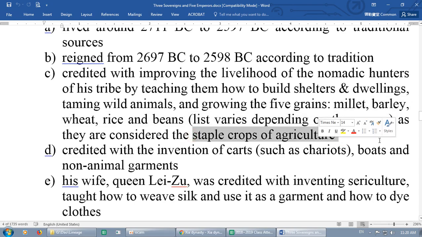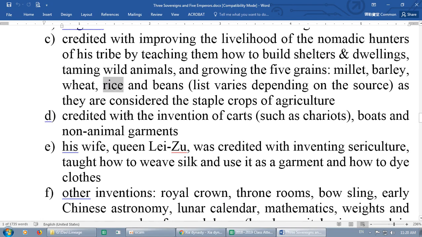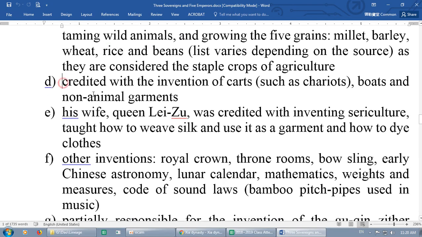So with Huang Di, even though farming tools and techniques were started by Shennong, this is a further advancement: planting different types of grains. The five grains. Even rice, wow, way back. Wheat. Now that's in agriculture.